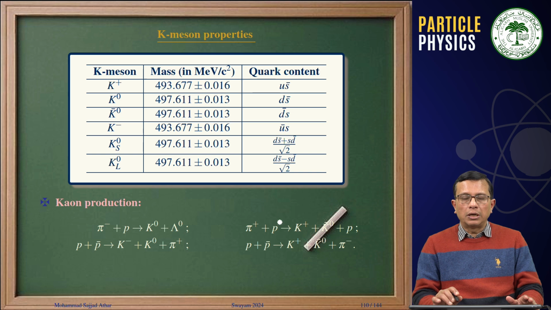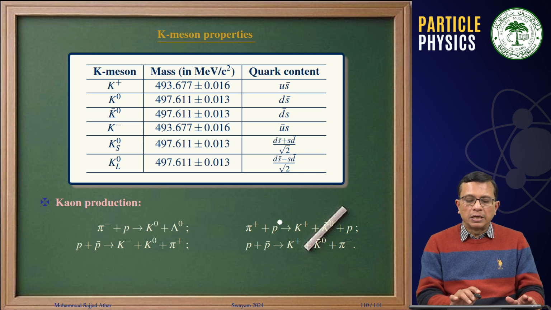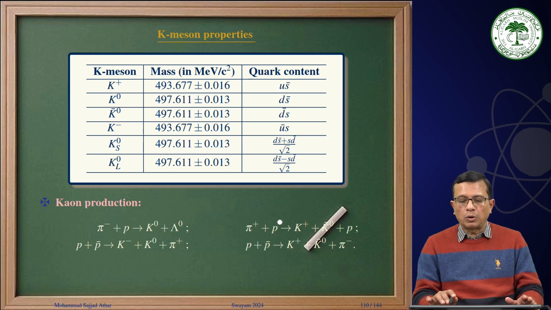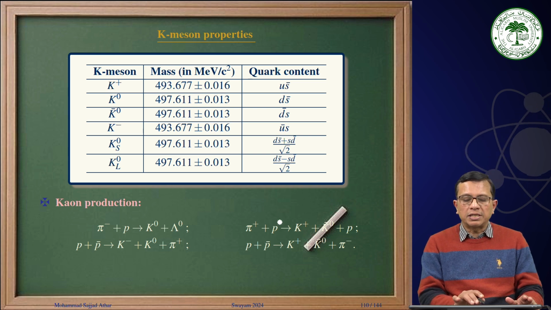Now, if we recall the masses of the kaons, K plus is 493.67 MeV. It is made up of u s bar quarks because its strangeness quantum number is +1. Therefore, we have s equal to -1, then s bar will be +1. For K0, the mass is 497.6.